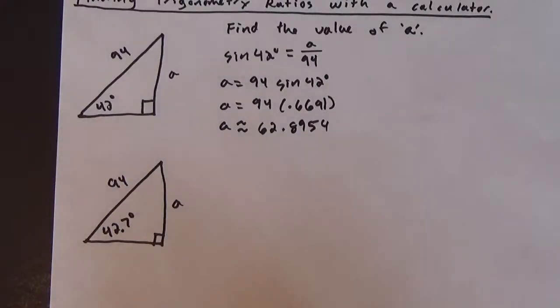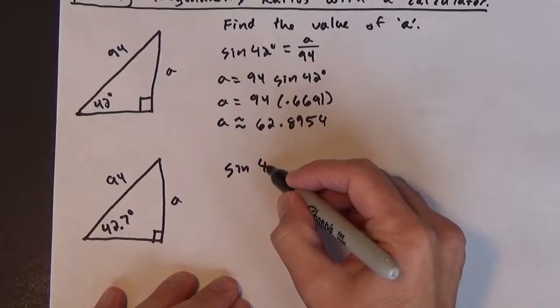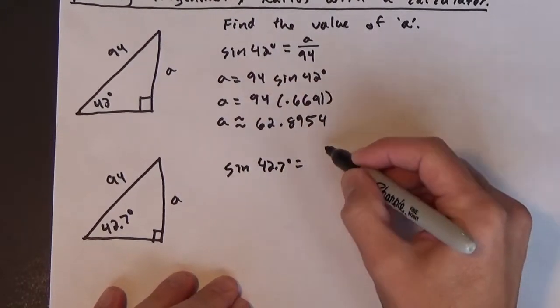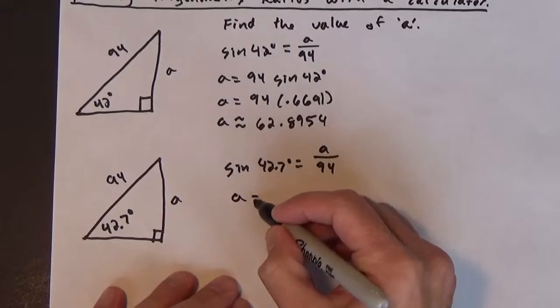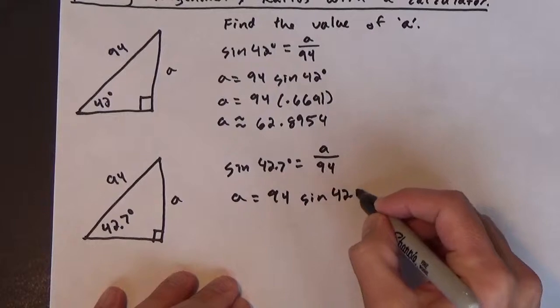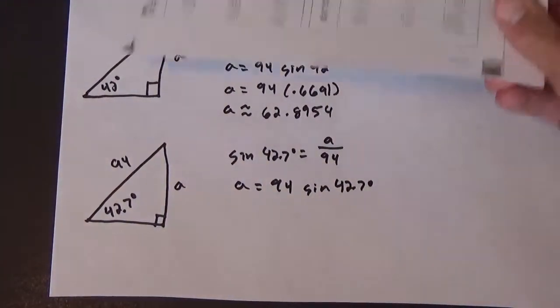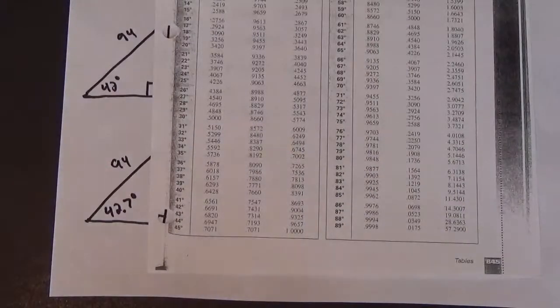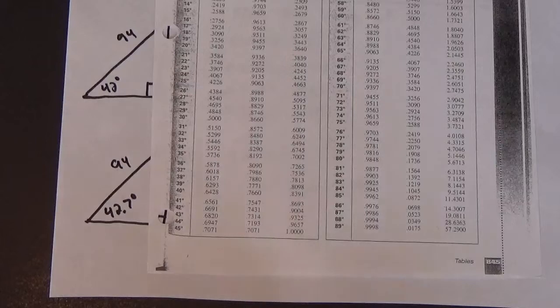And we want to find the value of A. We would do the same thing: the sine of 42.7 degrees is A over 94, so A is 94 times the sine of 42.7 degrees. But this time when we go to our table, we would go to 42 and 43 and notice there's no 42.7.